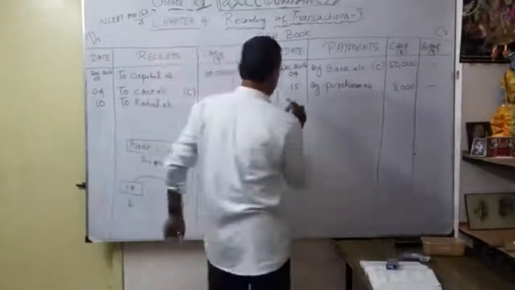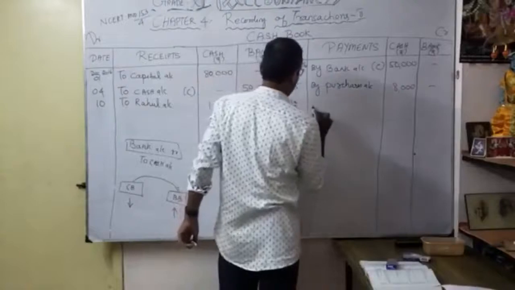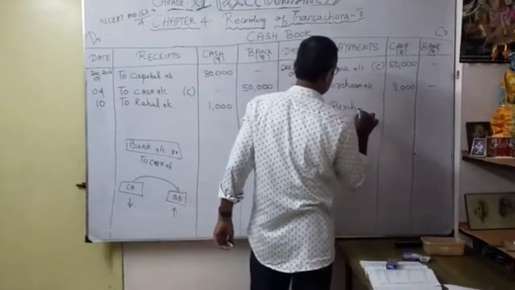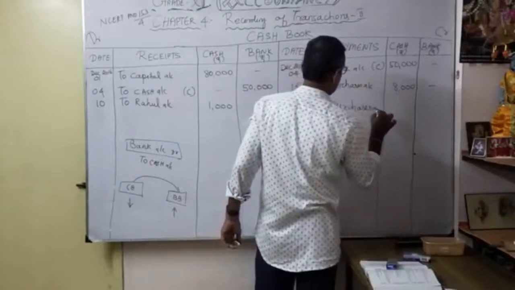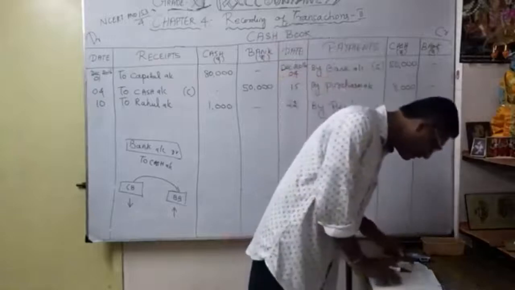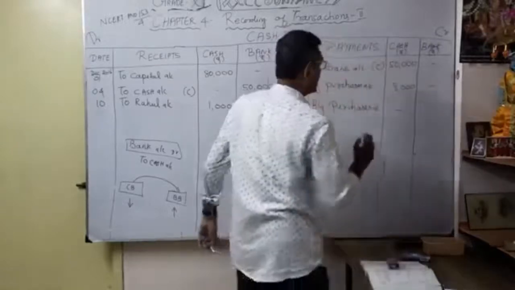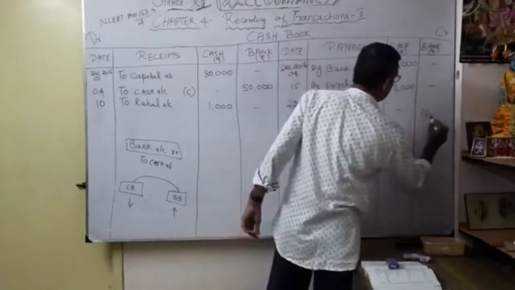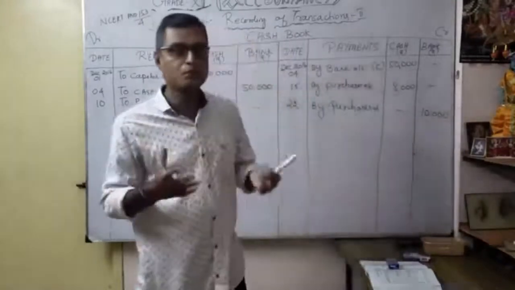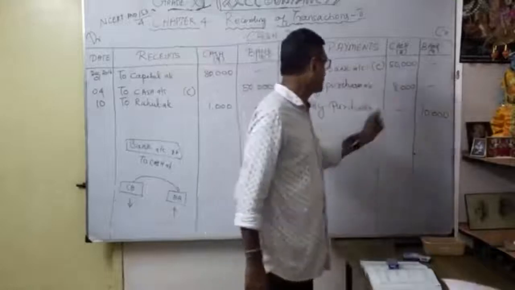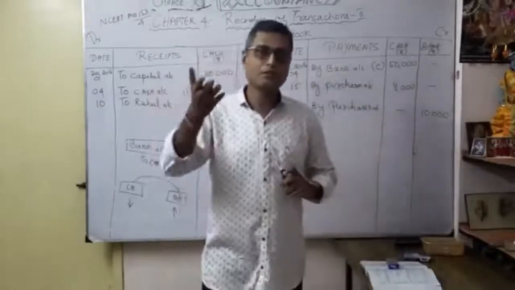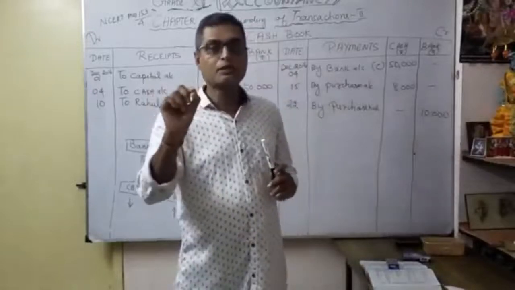So December 22, by purchases account, dash, because this is coming under check, correct? How much? 10,000. So you have to write in the bank column. Understood? So the entry is purchases account debit to bank account. In the bank account I write by purchases account 10,000. In the purchases account, suppose it is already open, to bank account 10,000.